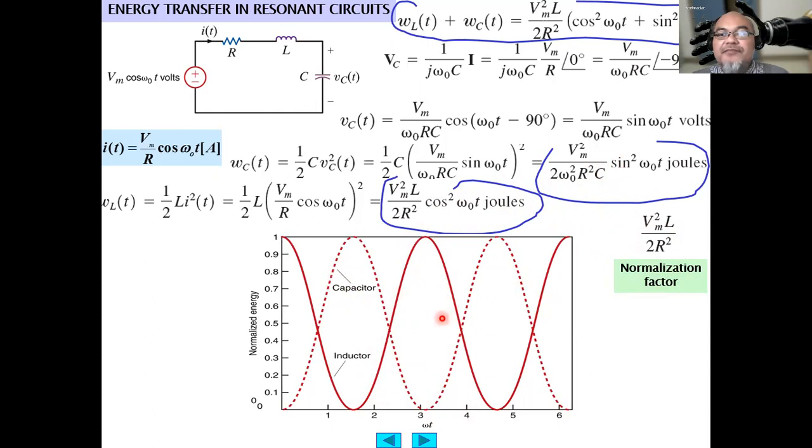For example, when omega 0 t is 90 degrees, cosine 90 degrees equals 0, but sine 90 degrees equals 1, maximum. That's why they have reverse values.